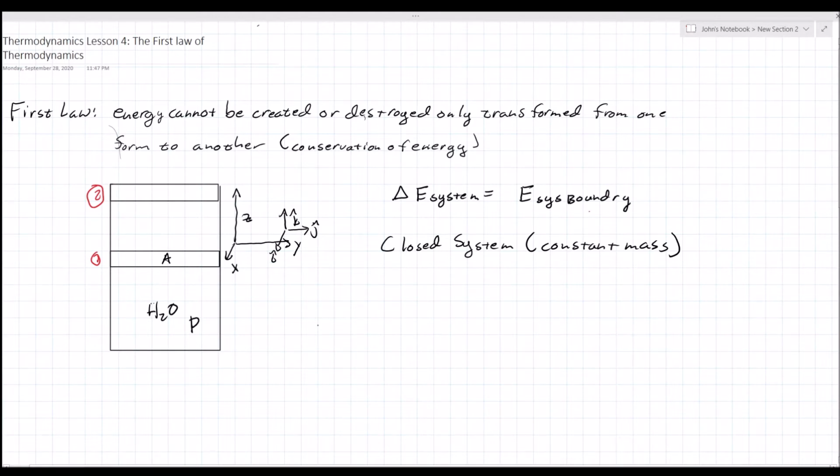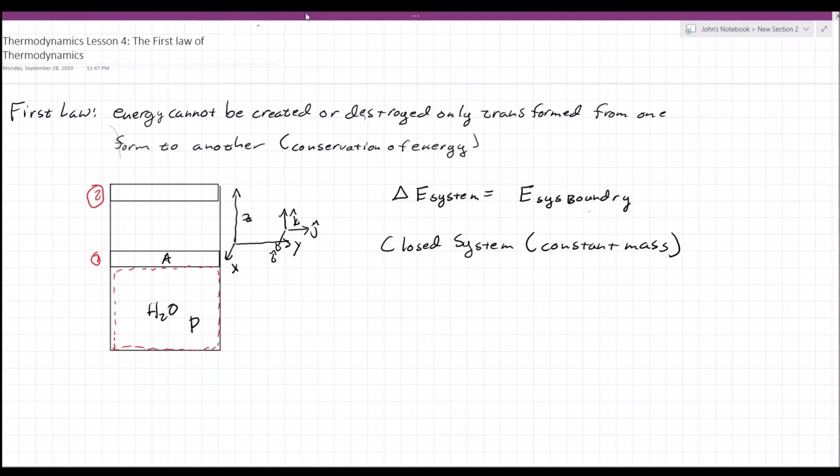Well, what energy is going to go into the system? What energy is going to leave the system? Well, I can always pump heat into my system. That can cross my system boundary. Remember, my system boundary is the mass. So at state 1, when the piston hasn't moved, this would be my system boundary, encircling the entire mass. Now, after it moves at state 2, I had a change in volume.